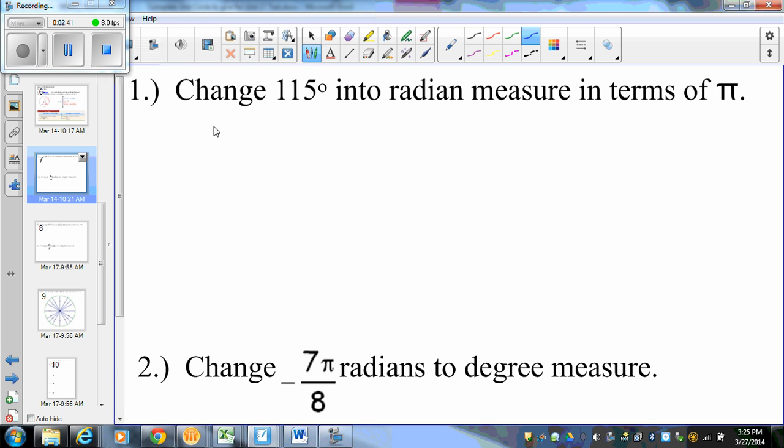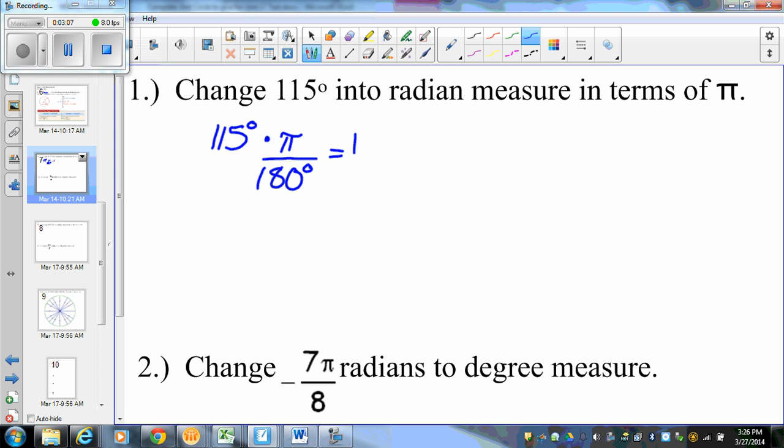So since I'm in degrees, if you can't remember which ratio to multiply by, whether it's 180 over pi or pi over 180, it's kind of like canceling out units in your science class. Your goal is to get rid of the degrees. So right now, I have degrees up in the numerator. So if I multiply by pi over 180 degrees, those degree symbols essentially would cancel each other out.